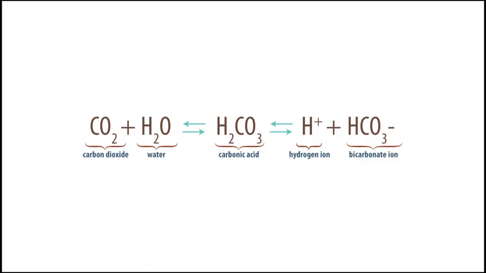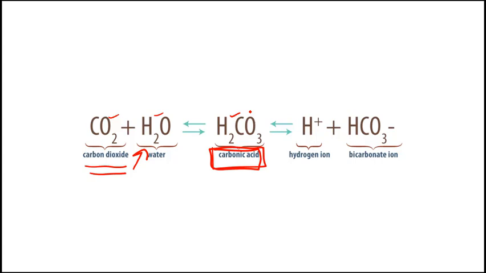All right, don't freak out. This is chemistry, but we're going to keep it really simple. Just follow along. We're going to move from left to right. The carbon dioxide chemically reacts with the water in the blood to form a substance called carbonic acid. CO2 plus H2O yields H2CO3, which is the carbonic acid.